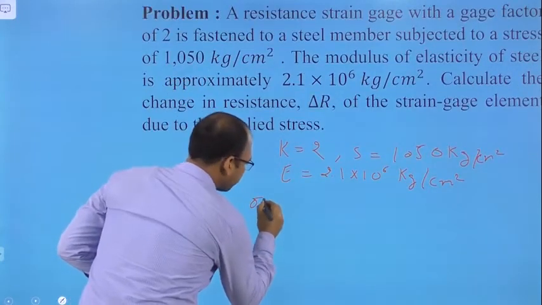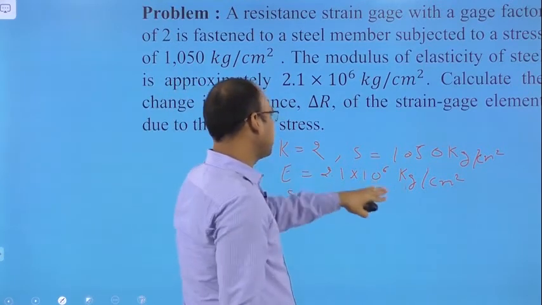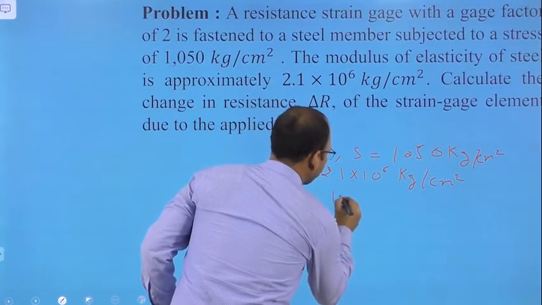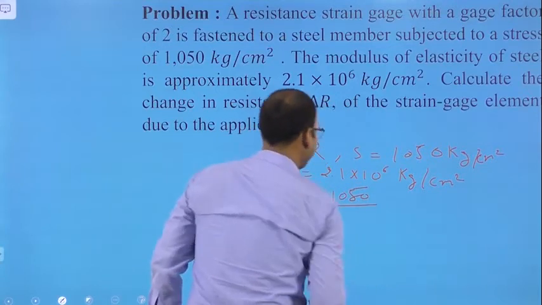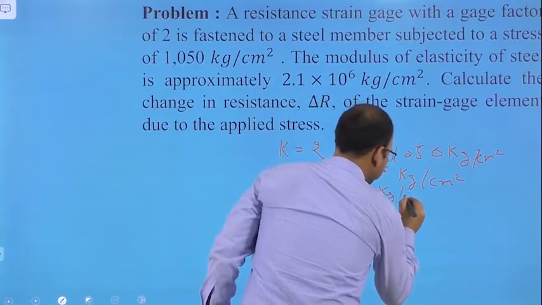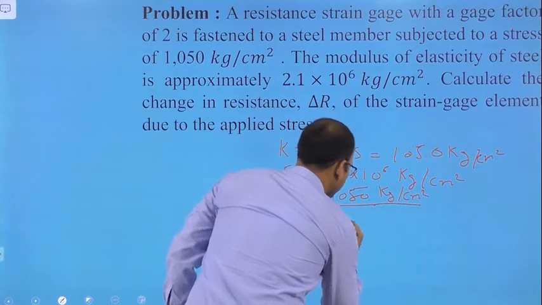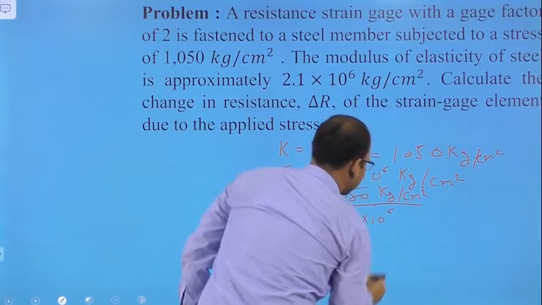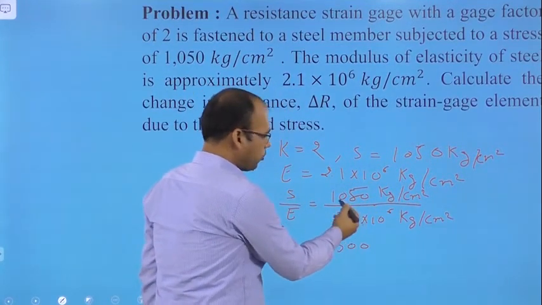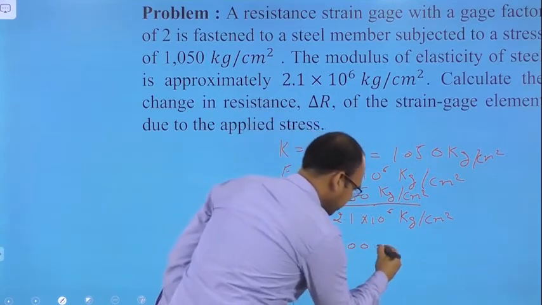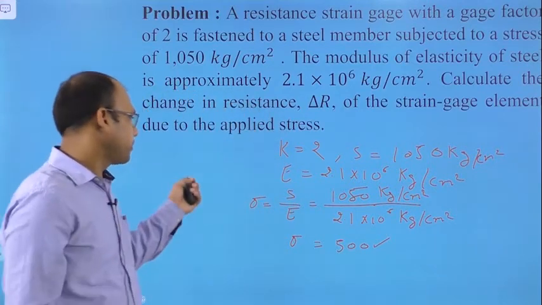So sigma is equal to stress by Young modulus, and S is given, 1050 kilogram per centimeter square, divided by the Young modulus 2.1 into 10 to the power 6. So after computation, putting the values over here, we are getting 500. So sigma we can get as 500 values. So this is our strain.